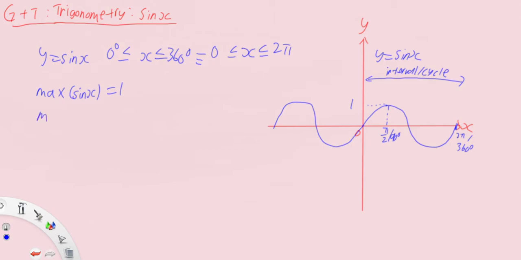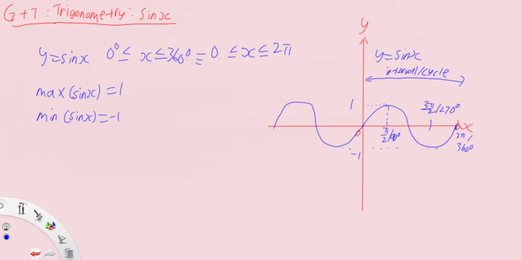The minimum value will be on the negative side, the bottom hump, and this will be minus 1. So this value here, which is also this value here, is minus 1. And it will occur, let's take a look at 0 to 2 pi, at 3 pi over 2, aka 270 degrees.